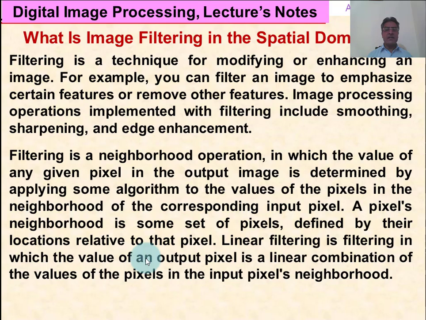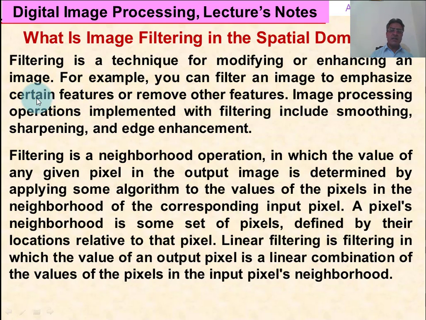What is image filtering in the spatial domain? Filtering is a technique for modifying or enhancing an image. For example, you can filter an image to emphasize certain features or remove other features.